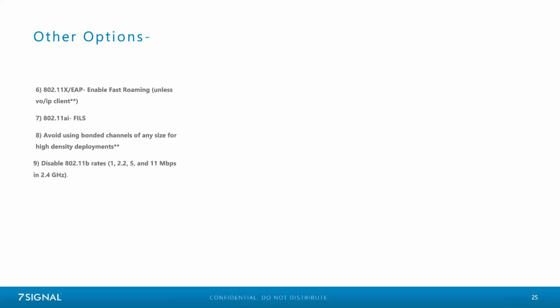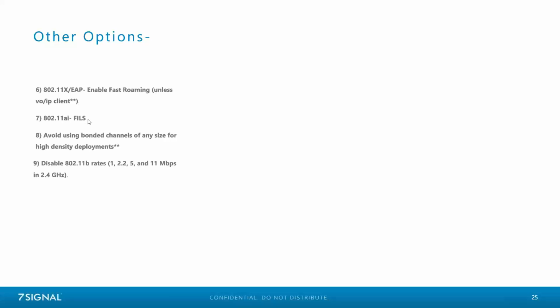The authentication process takes quite a bit, with a lot of steps, especially as you roam. EAP fast roaming does help, but a lot of people have moved to WPA2 pre-shared key, just because that process takes a little too long with VoIP phones. So again, with VoIP, you might not be able to do that.